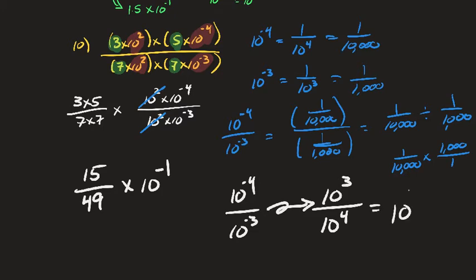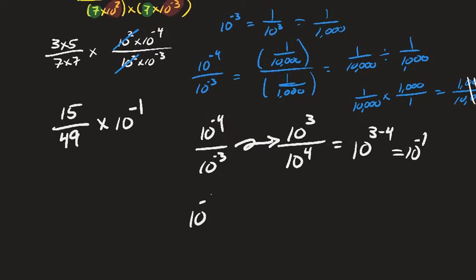And now you get 10 to the 3 minus 4, which is 10 to the negative 1st again. You could also take 10 to the minus 4 minus negative 3. A negative of a negative is positive. So you get 10 to the negative 1st again. All right, and so those are certainly different ways to get the same result.